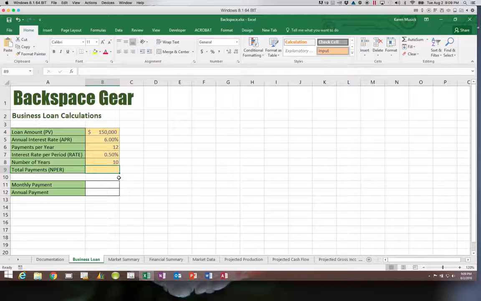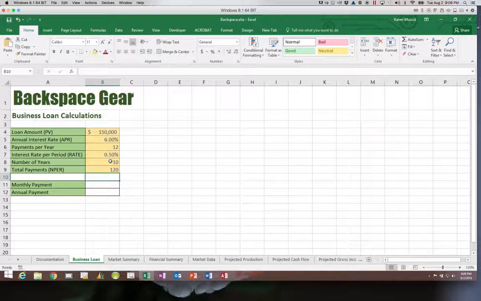We have 12 periods in each year, so therefore we can enter a formula that will multiply the number of payments in a year times the number of years, and that gives us the number of payments we will be making.